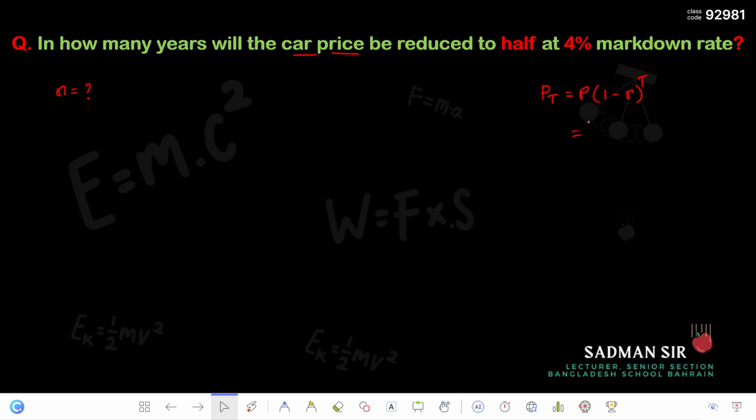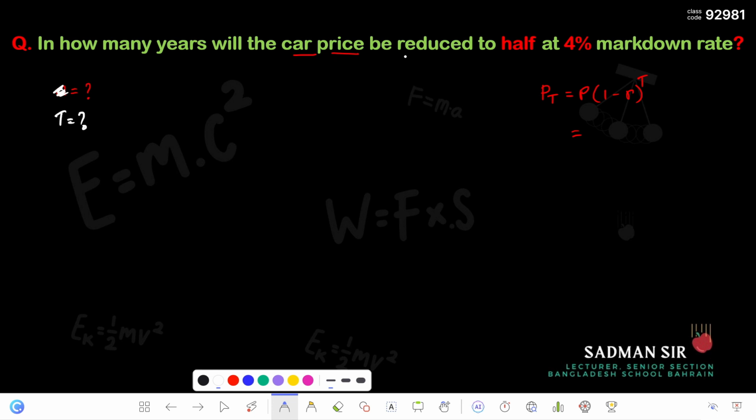So here we will be replacing the values from our given problem. Now you can see that the time is not being represented by n anymore, it is being represented by t. So we will not be writing n here, rather we will be writing t. Okay, t is equal to what?